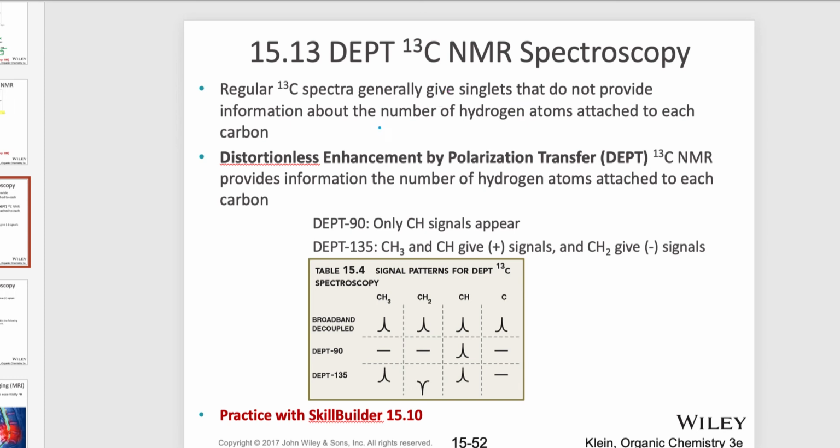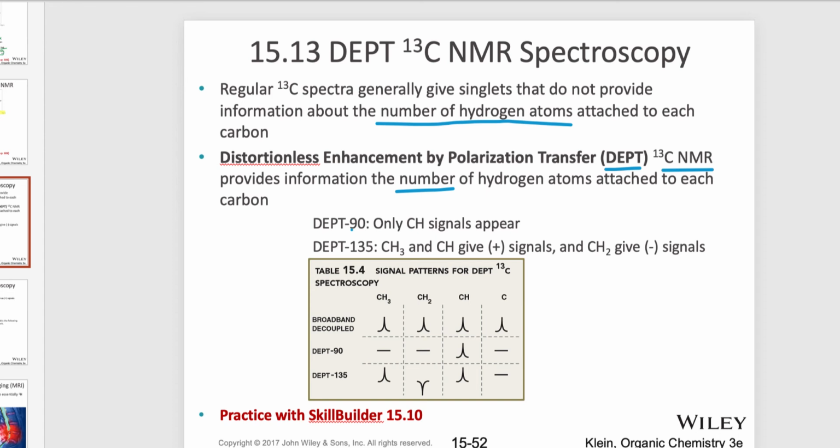We learned about splitting in proton NMR, and that's really not a good idea for carbon-13. So how can we figure out the number of hydrogen atoms? Well, there is distortionless enhancement by polarization transfer. It's a mouthful. Just know there's a DEPT-NMR, carbon-13 NMR. And it will tell us the number of hydrogens.